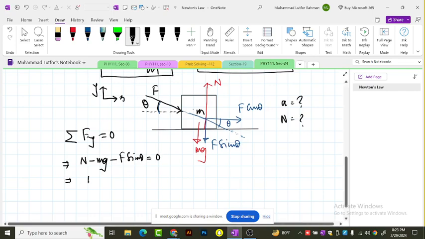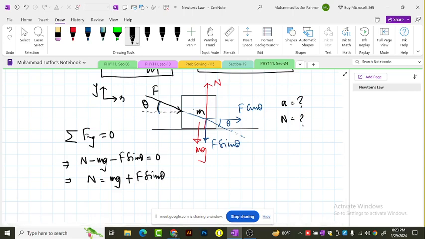Then N should be mg plus F sine theta, right?